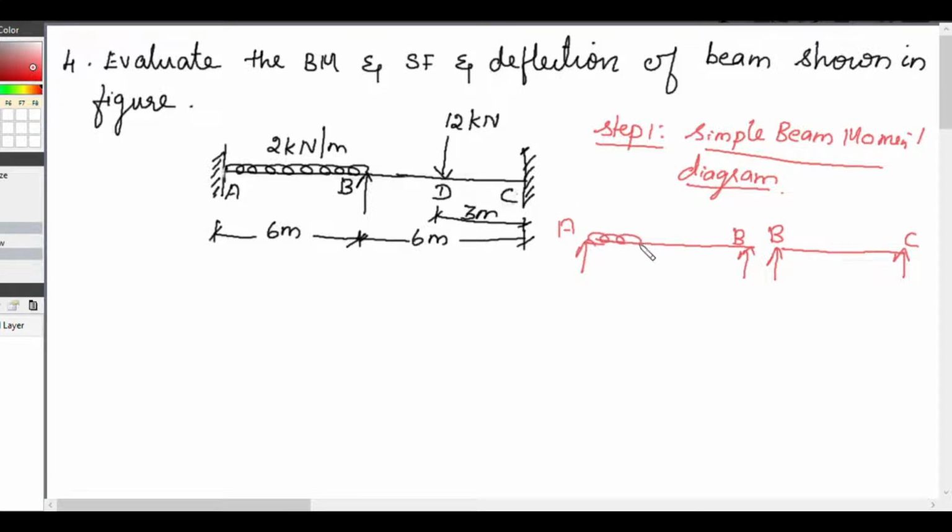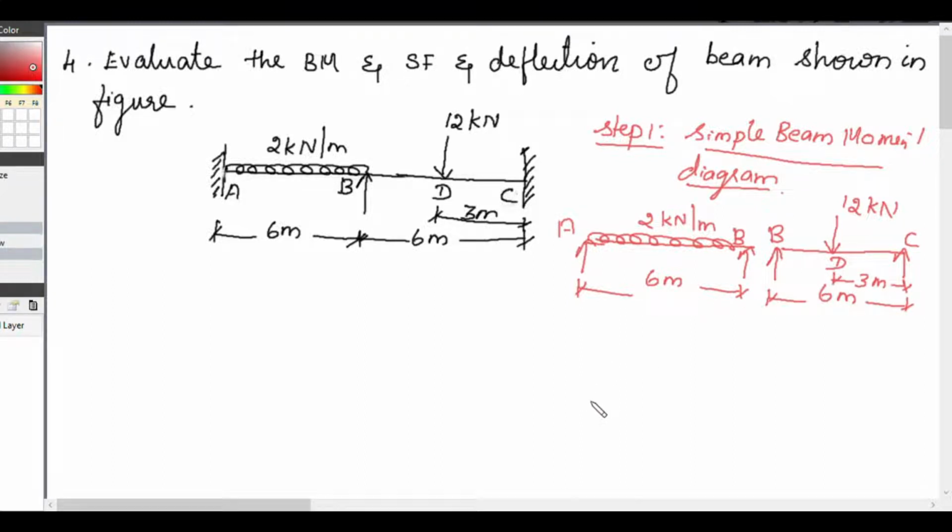Now the loading on AB is 2 kilonewton per meter, and on BC at the center we have a 12 kilonewton load. Now the span length is 6 meter for AB, and for BC also it is 6 meter, and this DC is 3 meter.